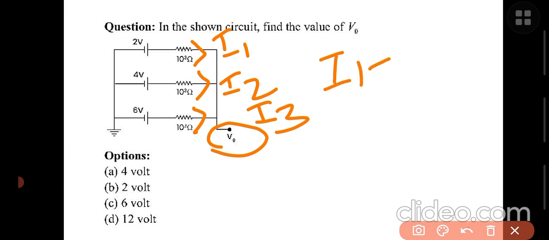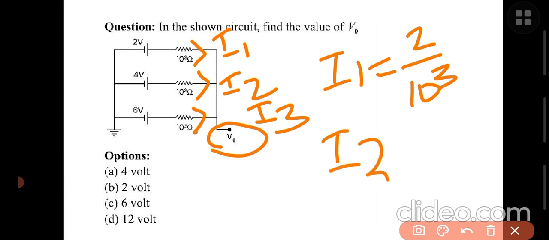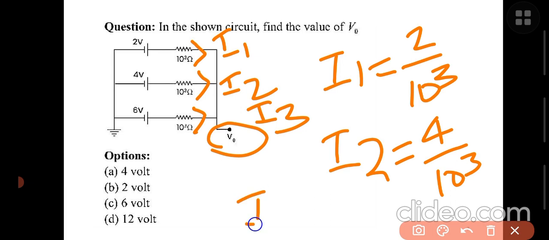I1 equal to 2 by 10 power 3. I2 equal to 4 by 10 power 3. I3 is equal to 6 by 10 power 3.